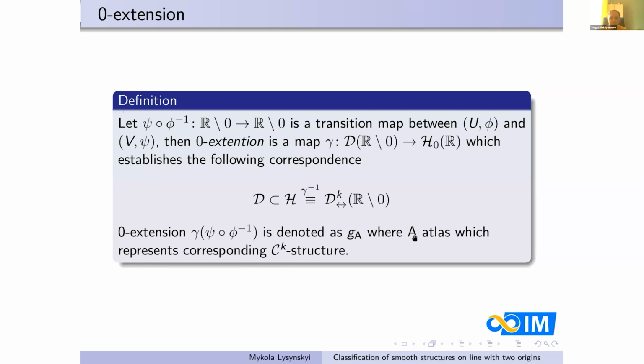So you additionally take this map psi phi inverse and define it at 0 to be 0. Yes, because in order to be a homeomorphism, it should be defined to be 0 at 0, and all other cases will not be a homeomorphism.